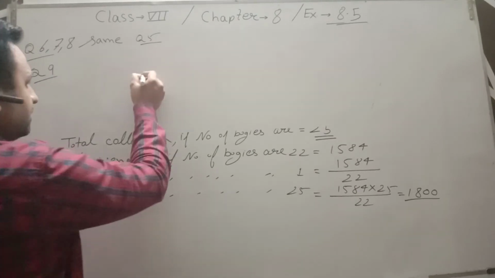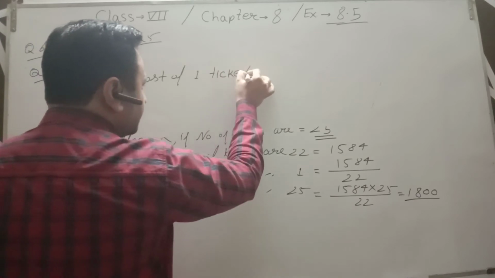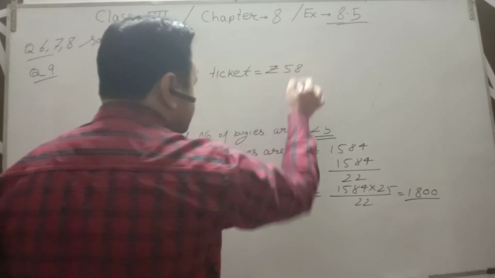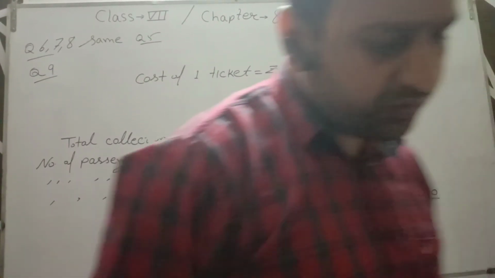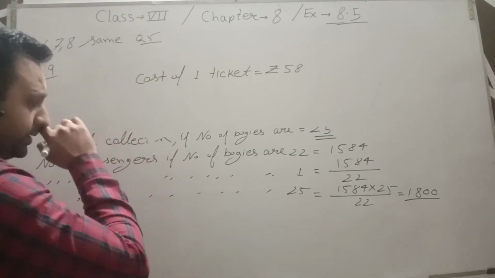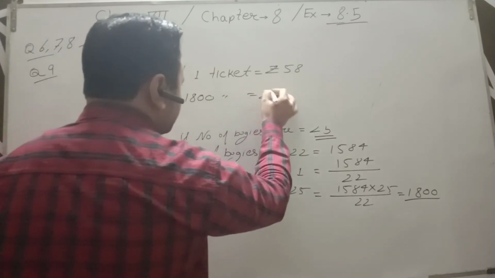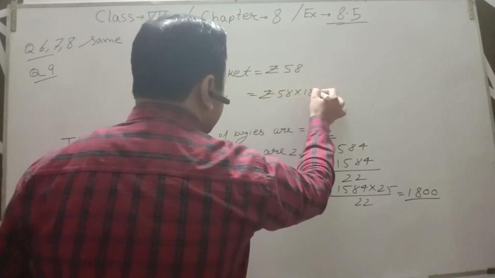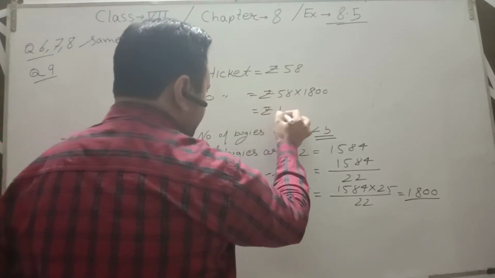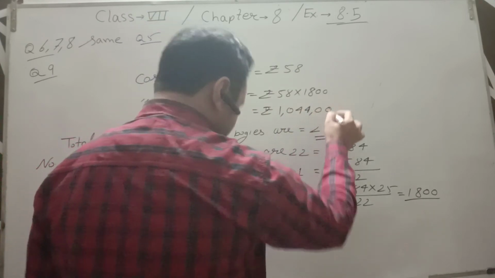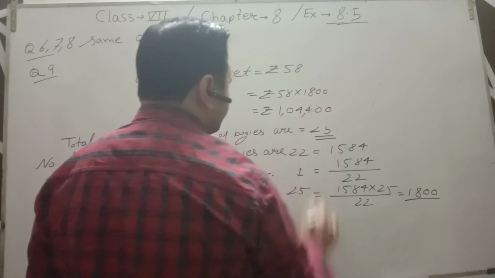It is given that the cost of one ticket is ₹58. एक टिकट की कॉस्ट कितनी है? ₹58, एंड दे आर टोटल 1800 पैसेंजर्स, तो कॉस्ट ऑफ 1800 टिकट्स: ₹58 multiplied by 1800, and the value we obtained is ₹1,04,400.